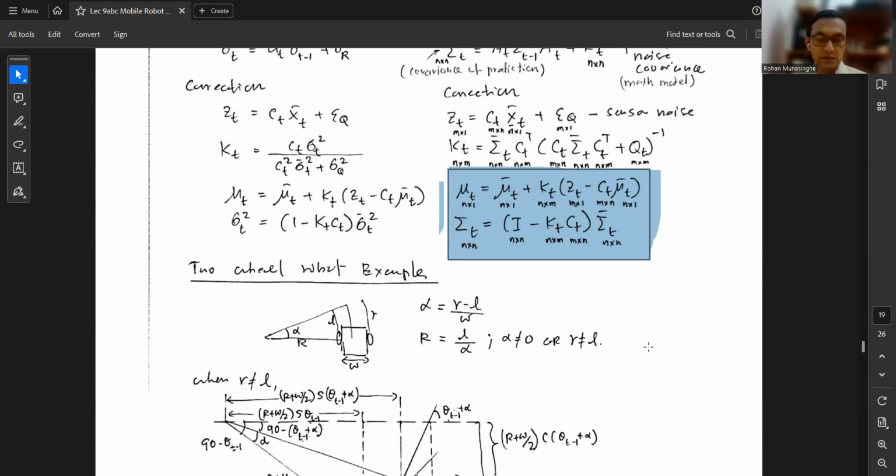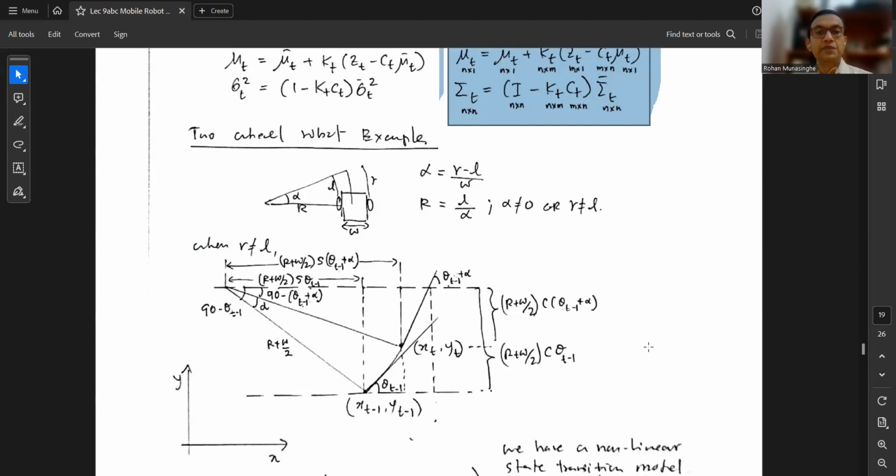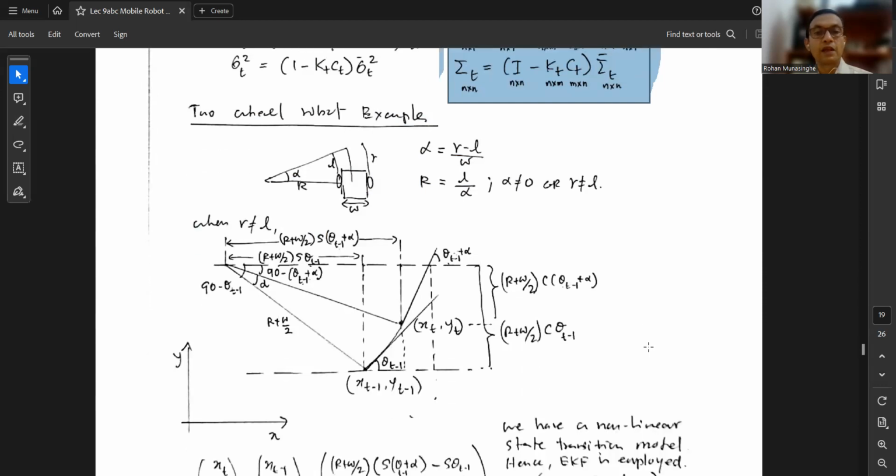Without that, you're not in a position to implement these equations in an algorithm, right? Okay, so I will take the same example, the two-wheel robot. And you can see the same robot here that we started with 2 weeks back.